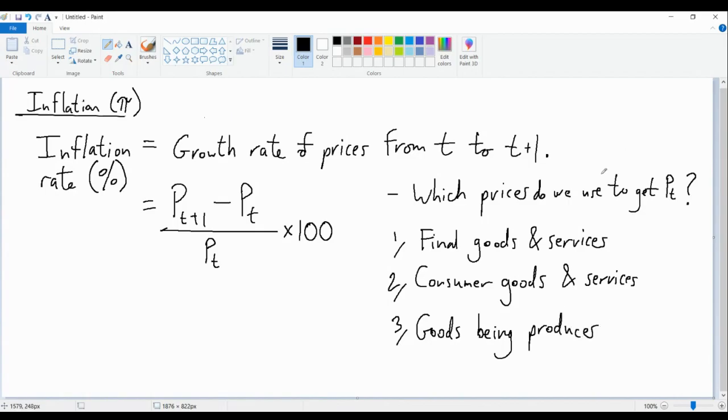Not at the point when they reach you and me, because of course that's the same thing as final goods and services, but when they leave the factory door. And that's useful just because it's the first time that a good gets priced, right? It's left the factory door, it goes to a distributor. So if those prices are going up, it's like an early warning signal of inflation coming towards us.